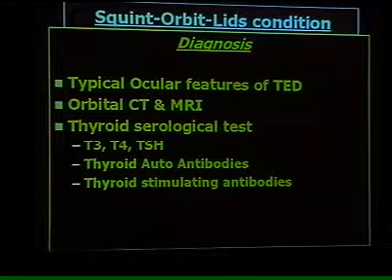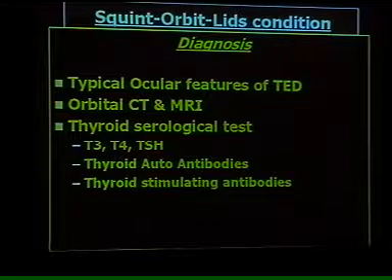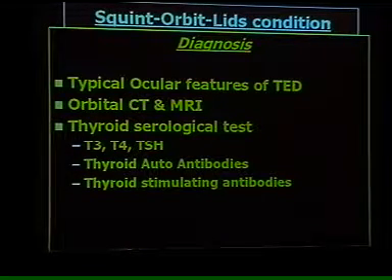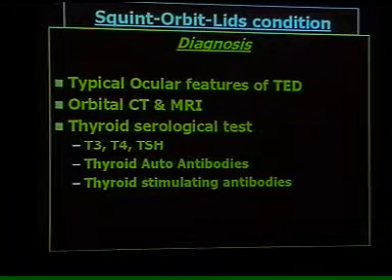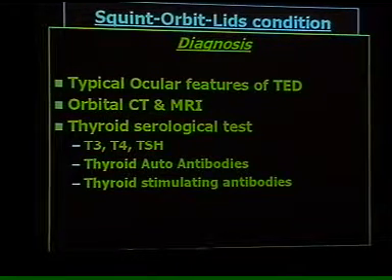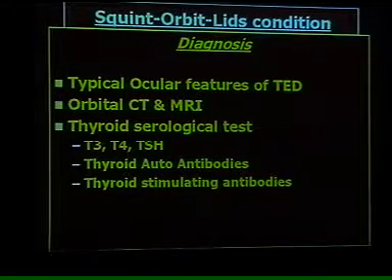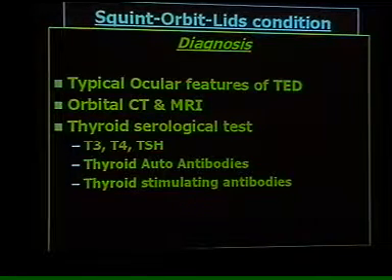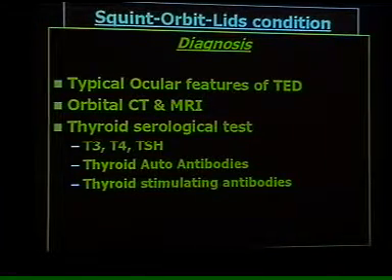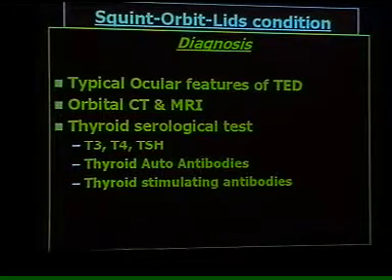The most commonly involved muscle is the medial rectus, followed by the inferior and then around the clock. And there is the association of thyroid autoantibodies, thyroid stimulating antibodies. There are a couple of other antibodies also available, but as far as I know, these tests are not done in Lahore. So we have to send these tests elsewhere for confirmation.